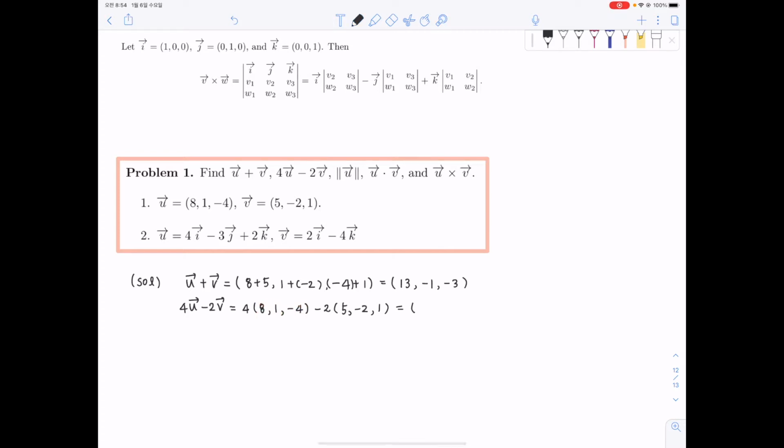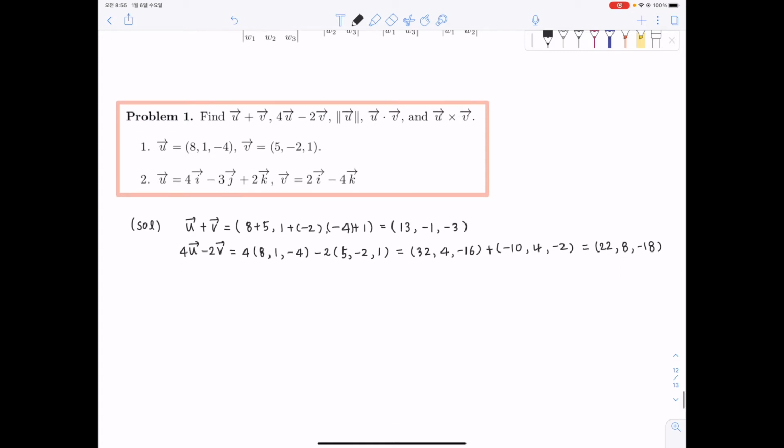So it is 32, 4, and minus 16. And it is minus 10, plus 4, and minus 2. So it is just 22, 8, and minus 18.